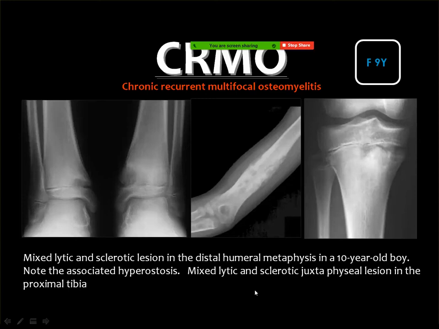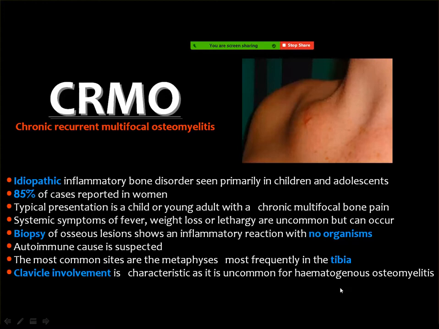The first one is sickle cell disease, and the second one is this one, which is CRMO, the chronic recurrent multifocal osteomyelitis. If the patient does not have the clinical features or the laboratory findings of sickle cell disease, then you consider these as CRMO, which is a more likely possibility than sickle cell. What's CRMO? It is a chronic recurrent multifocal osteomyelitis.